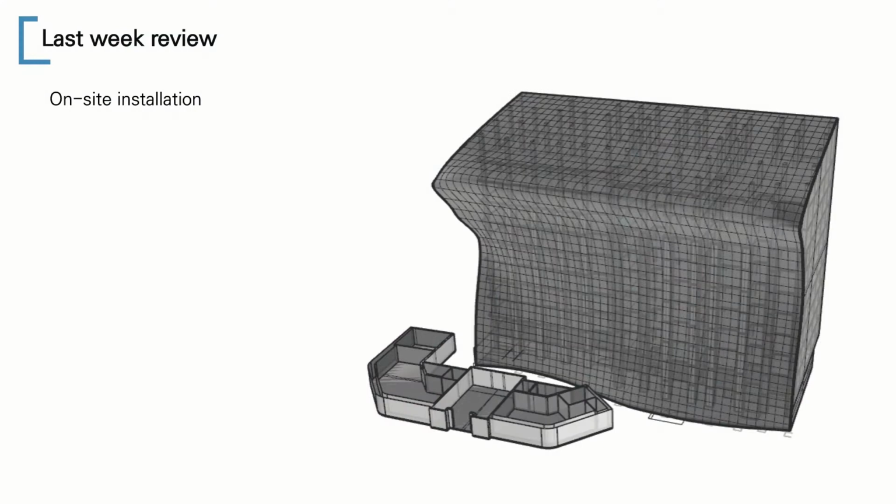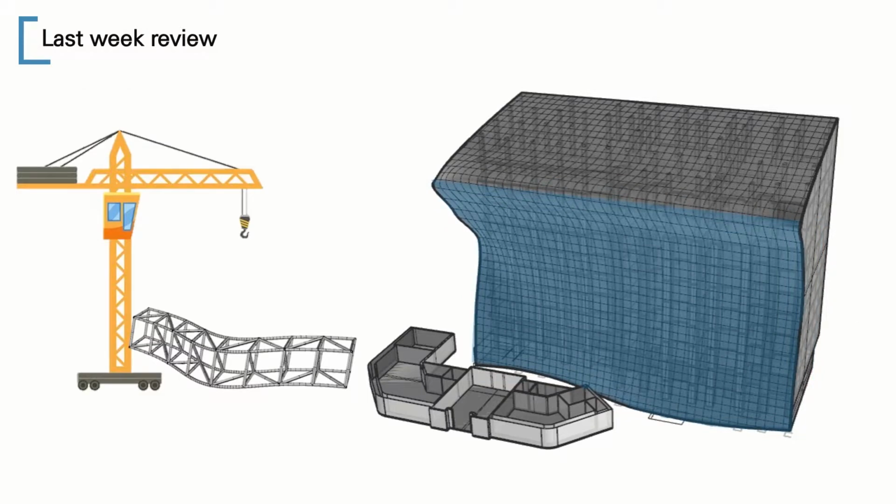To install the 103-meter-long and 35-meter-long facade, the truss was installed using a tower crane, and that's the end of the curtain wall frame process.